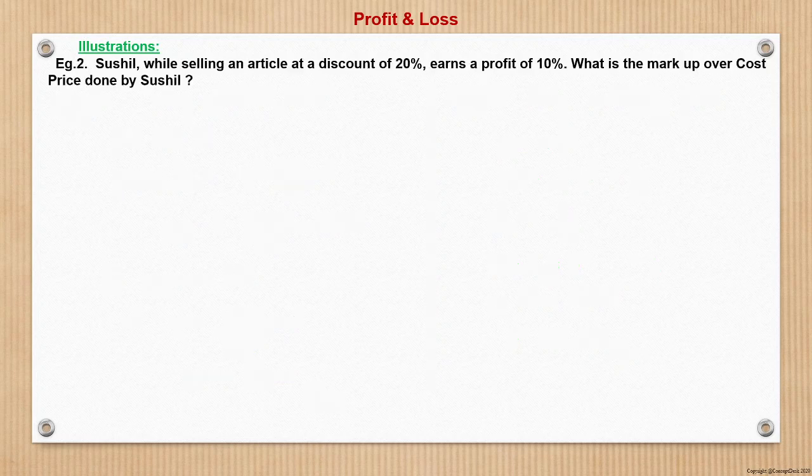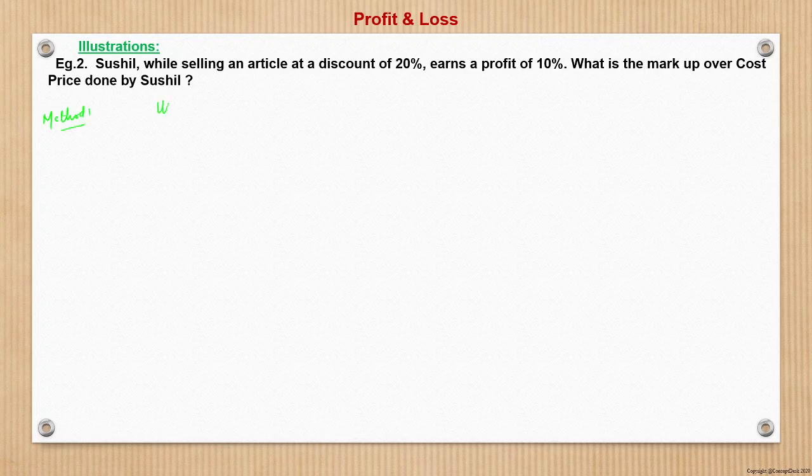Now illustration 2 says, if Sushil, while selling an article at a discount of 20%, earns a profit of 10%, what is the markup over the cost price done by Sushil? Again I solve this using the two methods.